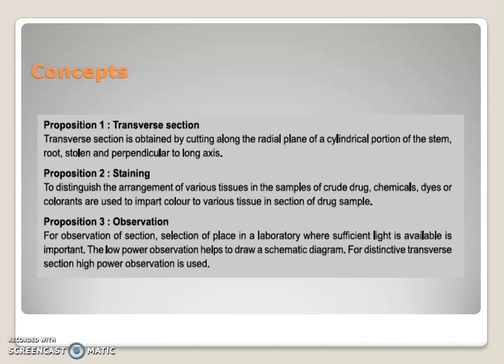This means that in observation, we have to select a place in the lab where there is sufficient light that will focus on the mirror, so that we can observe our section clearly. First we observe at lower power, that is 10x, which helps to draw the schematic diagram. But when we have to distinguish the cells of that section, we have to shift to high power, maybe 45x or 15x.